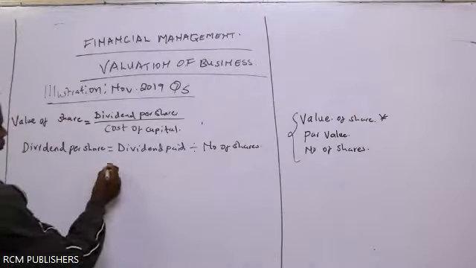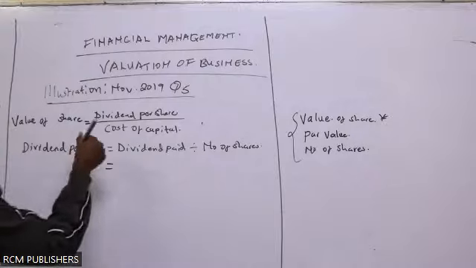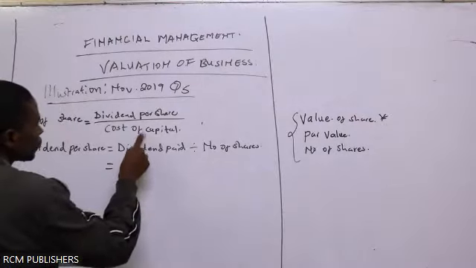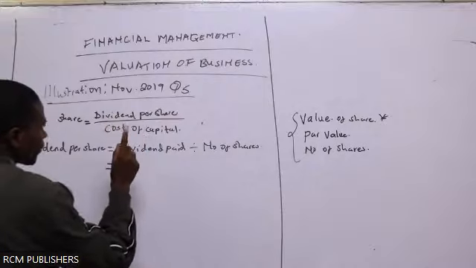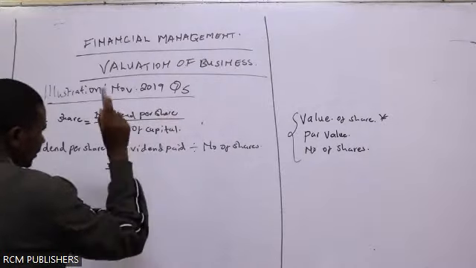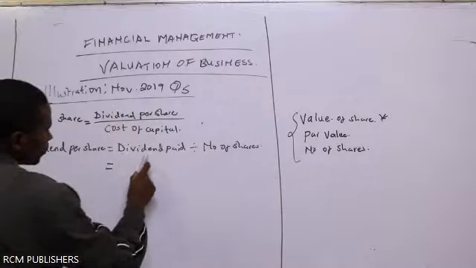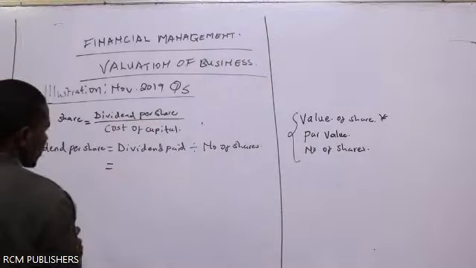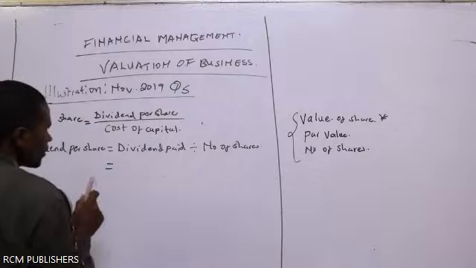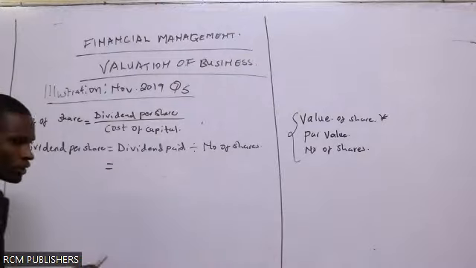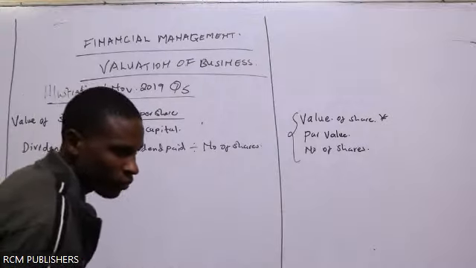Remember, already we have the cost of capital. What we don't have is dividend per share, and that is what we are now getting. Dividend per share is given by the dividend paid divided by number of shares.